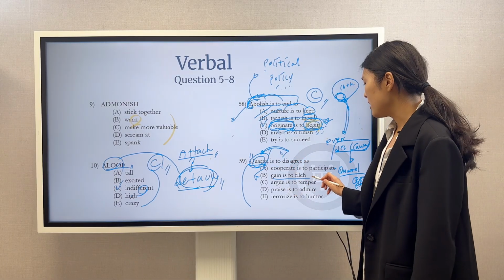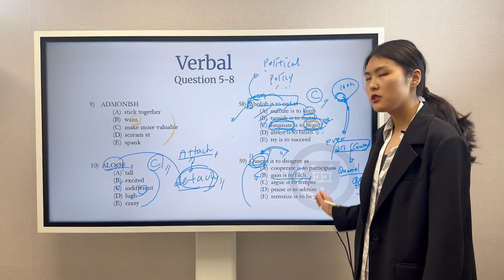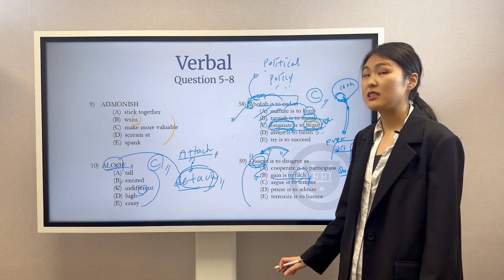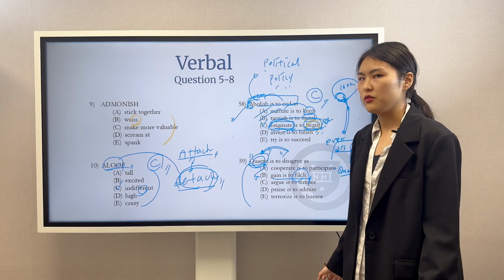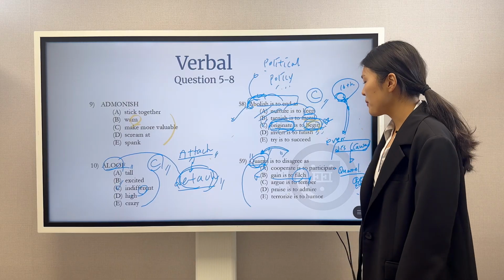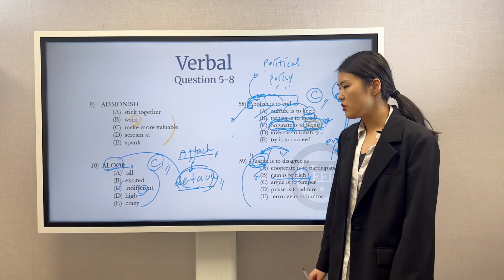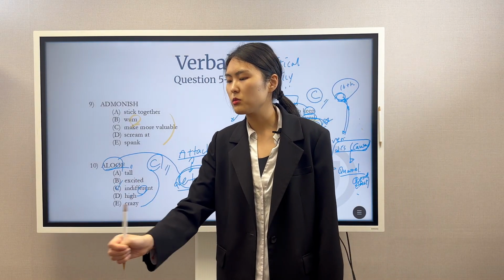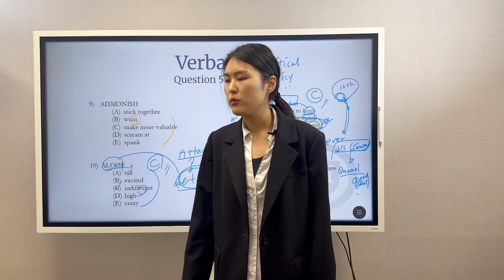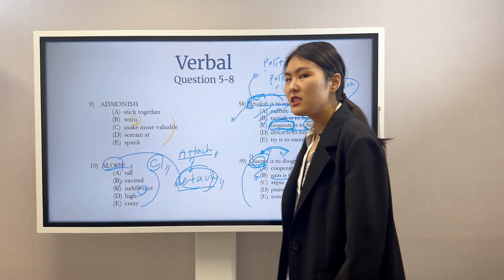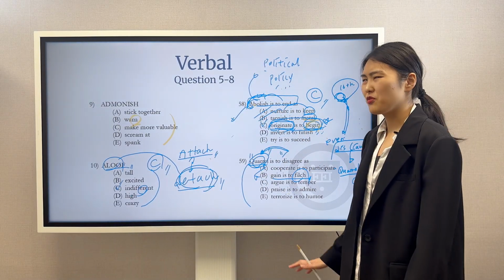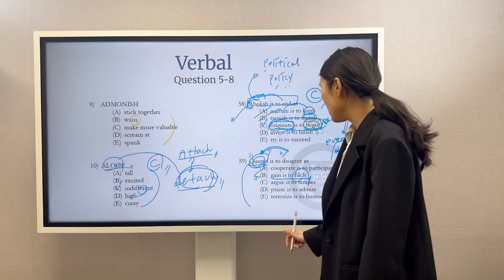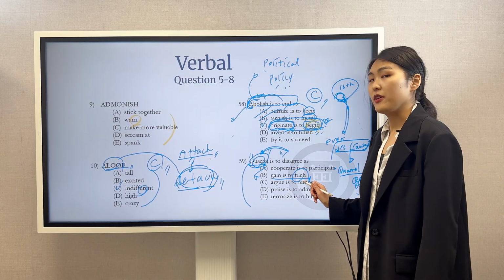And what about B? Gain is to filch. So what does filch mean? Filch means stealing something, but nothing really serious. For example, let's say you're hungry, so you decided to grab a small tiny cookie from someone's table. That's of course stealing, but that's nothing very serious. It's not like a felony, right? So that is called filch.